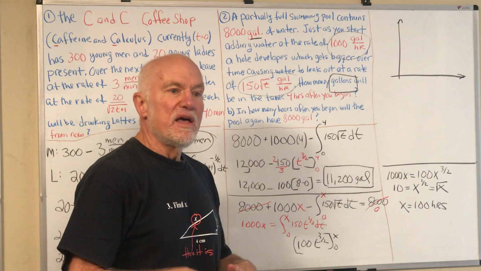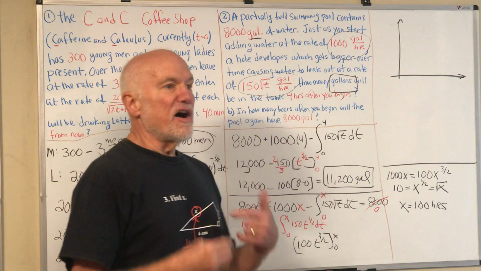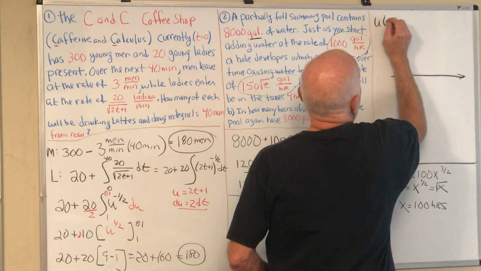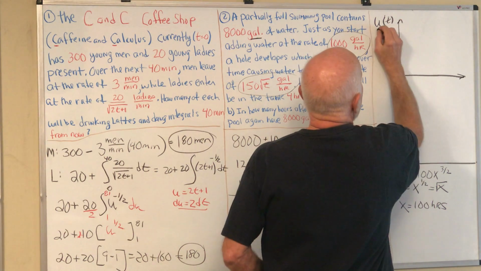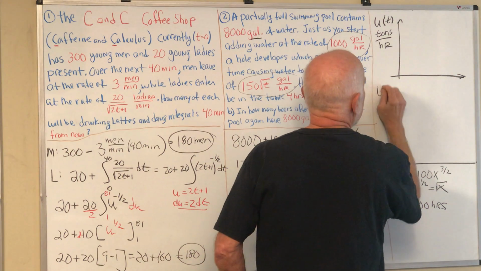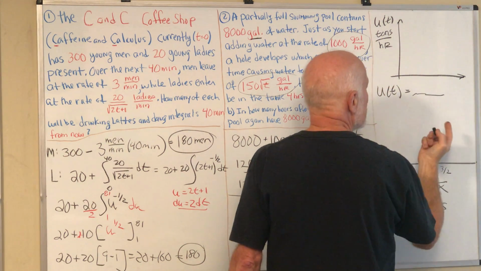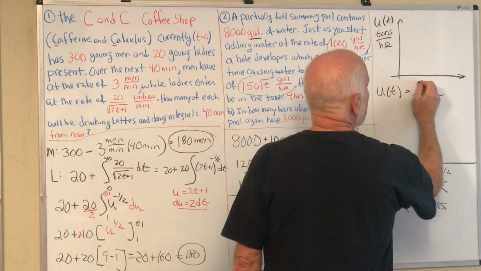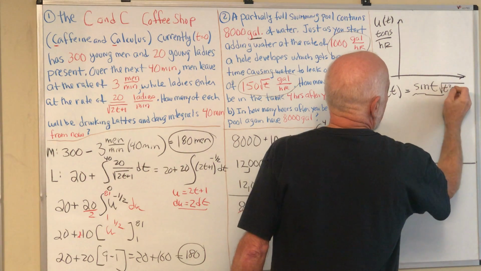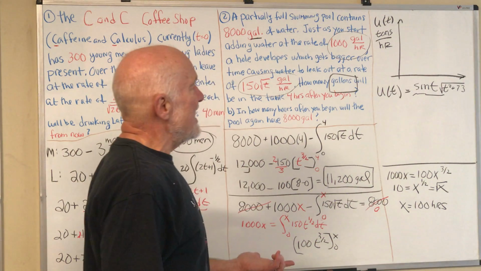Say you had some gravel operation where the amount of unprocessed gravel arriving came in at a rate of u of t tons per hour. It can be a really complicated function of t. It could be the sine of t times the square root of t squared plus 73. Something really complicated like that.